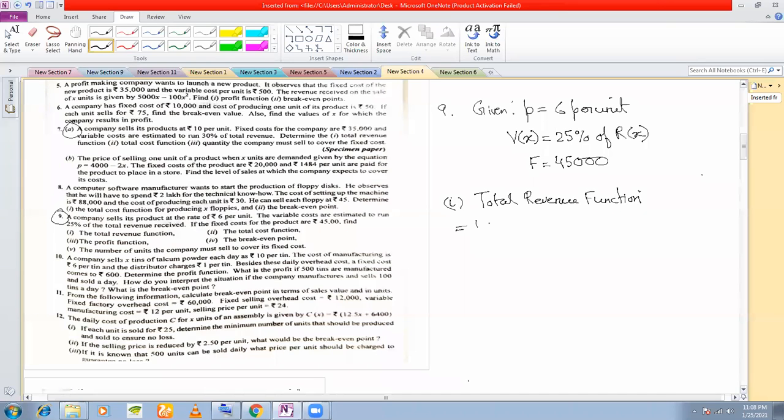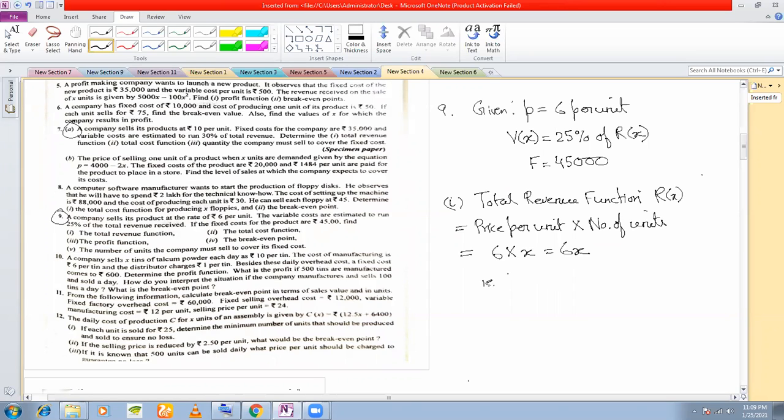Price per unit into X. Number of units you are producing into the price you are selling. That will give you a revenue. Price per unit is 6 and number of units is X. So what is the total revenue function? 6x. Let's say Rx.